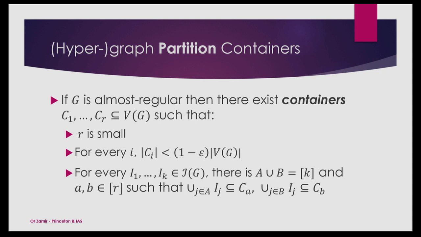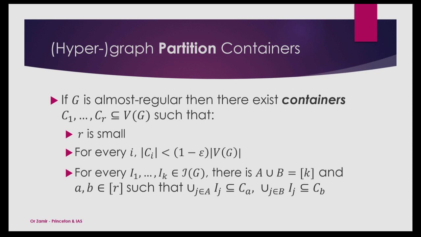We show some generalization of the hypergraph containers called partition containers, showing that you can get exactly the same guarantees, but now for every collection of independent sets, you would have exactly two containers, such that each of those independent sets is fully contained in one of them. So two containers are always enough to cover a collection of independent sets.